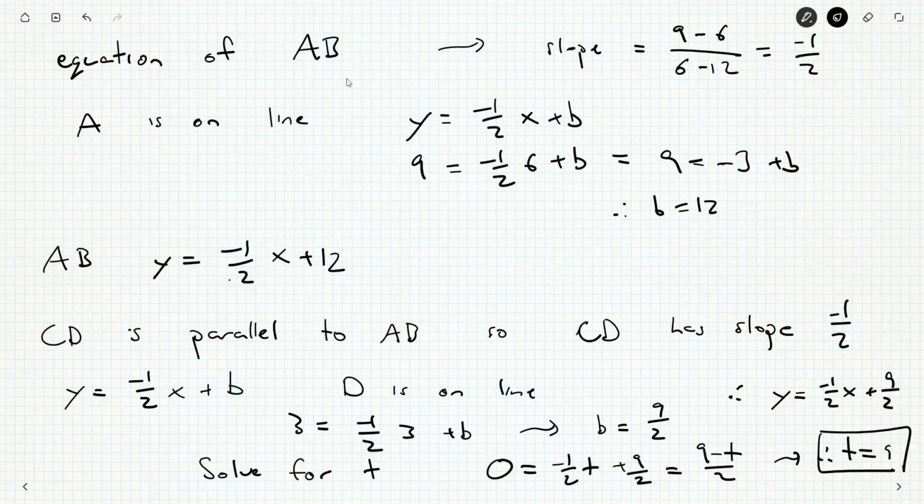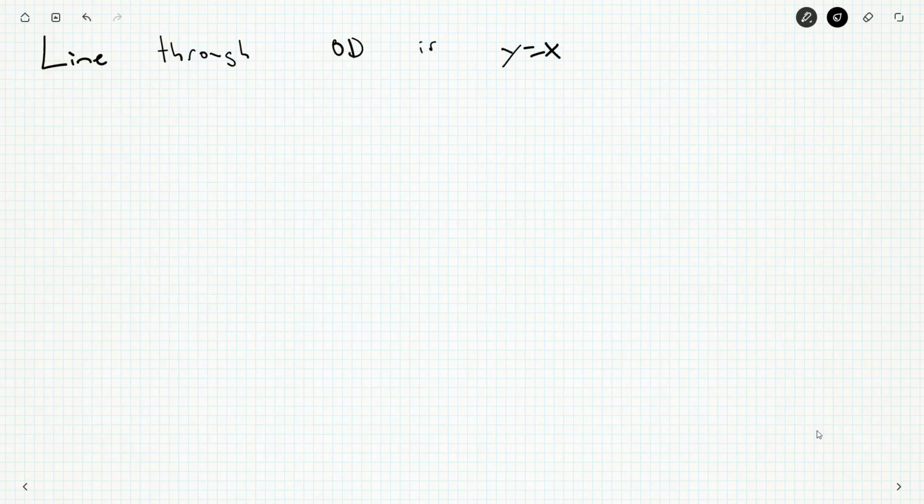But having done it this way, I have the equation for AB. So now that I do B part, I'm going to write B part up. So line through OD is y equals x. I would say this is fairly clear, but of course you can prove it. 3 minus 0 over 3 minus 0, if you need to, is 1.